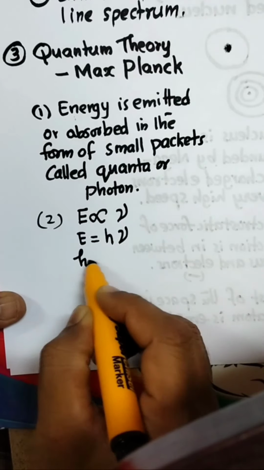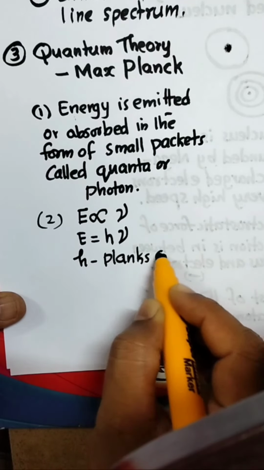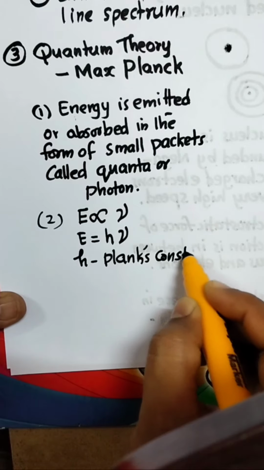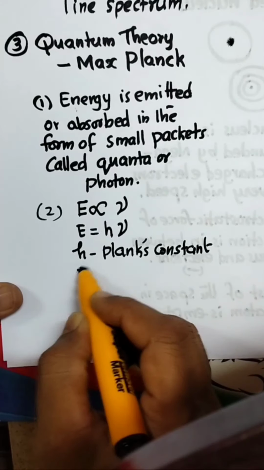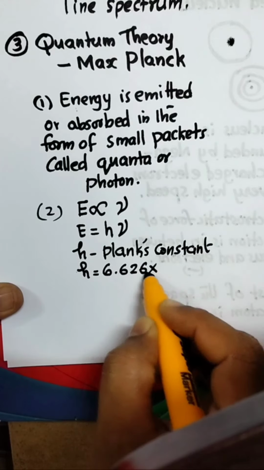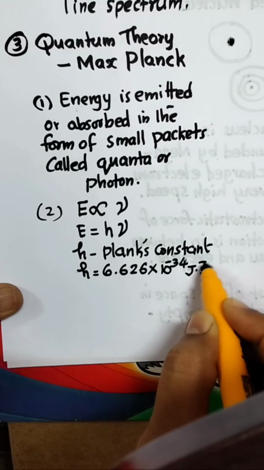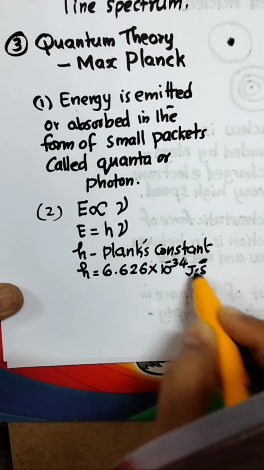This constant h is called Planck's constant. Value of h equals 6.626 into 10 raised to minus 34 joule second.